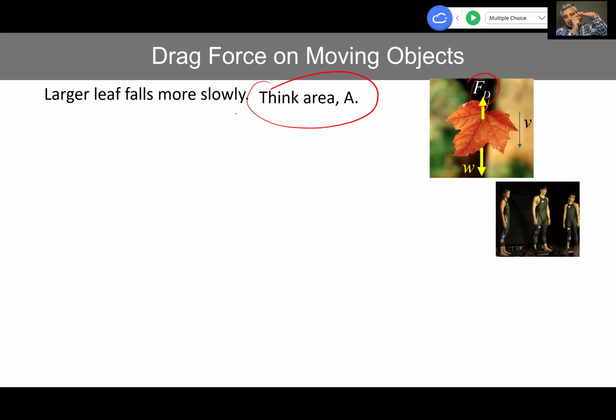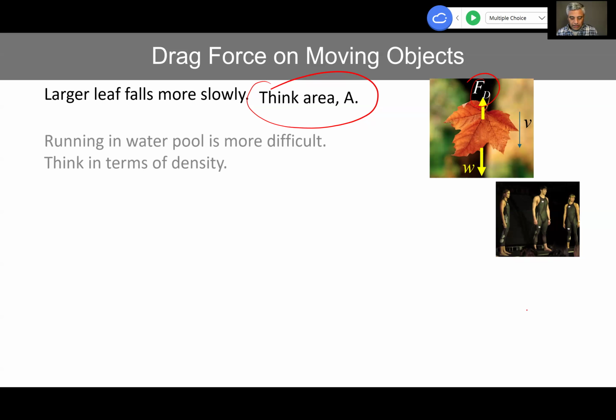So that's the area we need to look at when the object is flat like this, but when it is like that, then only this area matters. So the larger the area, the larger the drag force becomes. That's why when you drop paper flat compared to this, it falls slowly. Okay.